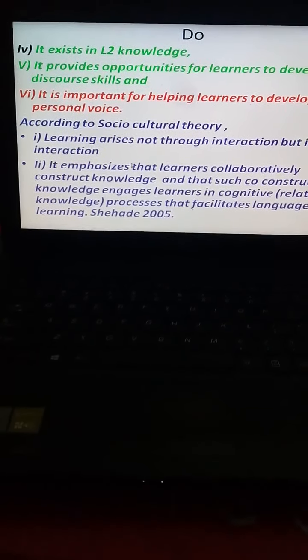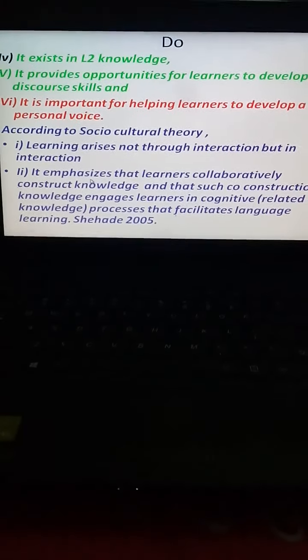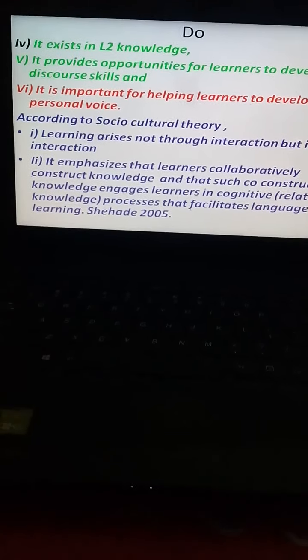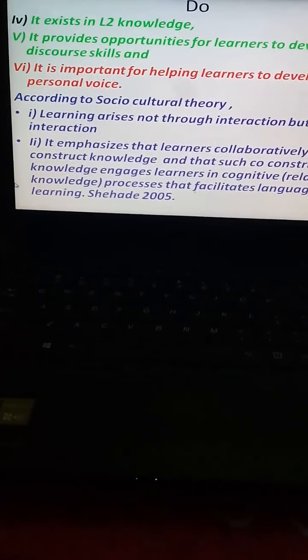Now there are some points based on sociocultural theory, that is, learning arises not through interaction but in interaction. So learners must be in interaction with their peers or partners or friends. And number two, it emphasizes that learners collaboratively construct knowledge, and that such co-construction should not happen individually.